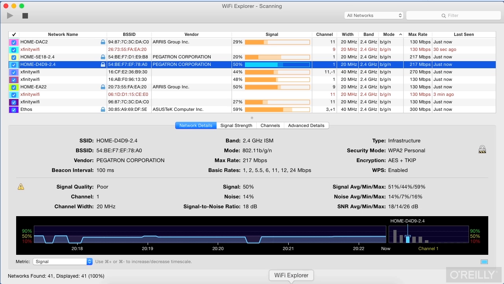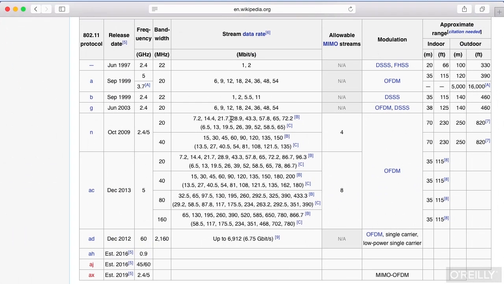Now, let's just take a look at the different versions, and you can see the very first version was 802.11a, and that supported data rates all the way up to 54 megabits per second. At the time, we weren't supporting multiple input, multiple output streams. So you could do 54 megabits per second, so there wasn't multiple streams or what's sometimes called channel bonding.